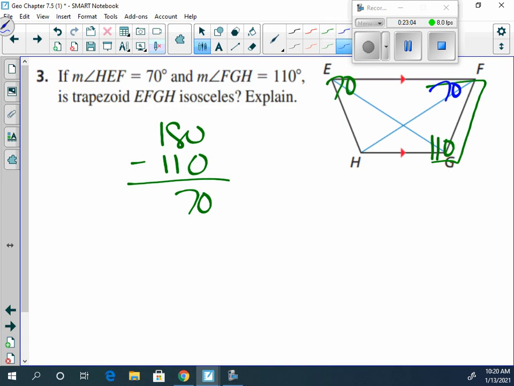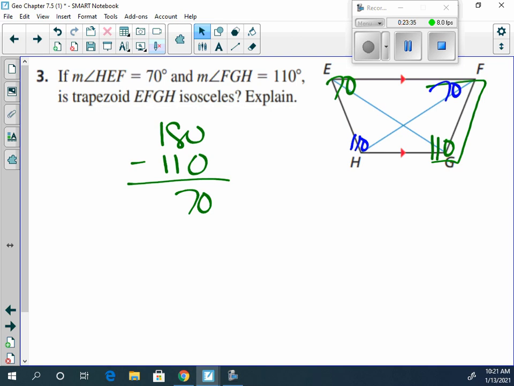If I do a similar thing with the other side, I will find that this angle is 110 degrees. So are the base angles congruent? Well, yes. And one of the first theorems we had for today is if in a trapezoid the base angles are congruent, then it is isosceles. Since we're able to show that the base angles are congruent, we can say this is isosceles, and it's mainly because the base angles are congruent to each other.